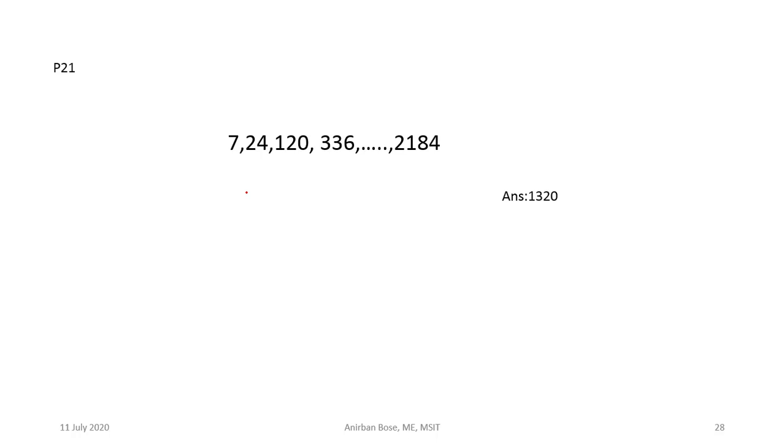Now see problem number 21. Okay. So here you see this series. Here if you look at this number 336, it is close to 343, right? So it is 7 cube minus 7. So it is kind of an n cube minus n type of thing. 120, 24. If you look at that n cube minus n series, these are the terms in n cube minus n. But maybe all the terms are not there, but alternate terms are there.